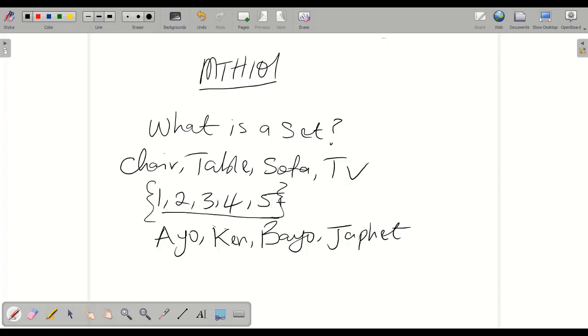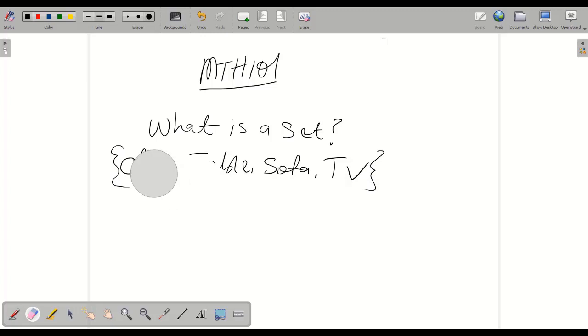Now it's well-defined. I can say this is a set of items in a living room. It's well-defined. I can say this is a set of males in NOUN. It's also well-defined.